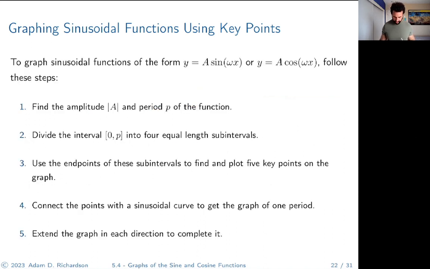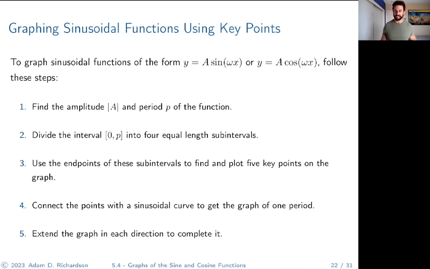All right, so here is the checklist for how to graph these things using key points.